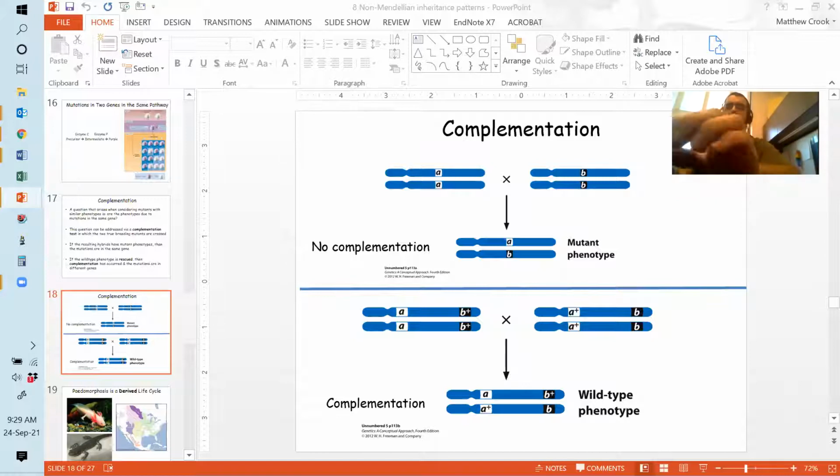Now, in the lower half, A and B are recessive alleles in different genes.